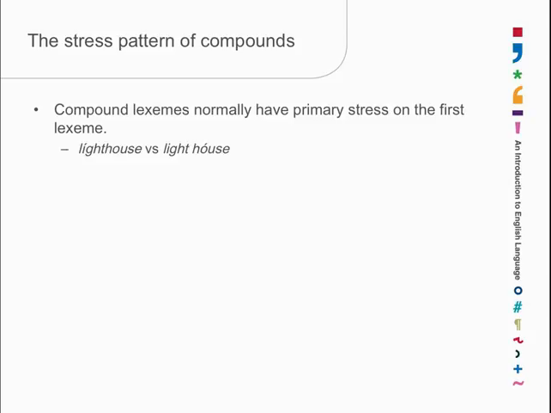If we compare lighthouse, which is a compound, with light house, in lighthouse the stress is on the first word, and in light house it's on the second word. One of those is a compound and the other is not. A lighthouse, of course, is the thing that has a big lamp in it and it shows out at sea, whereas a light house is one that just isn't very heavy.